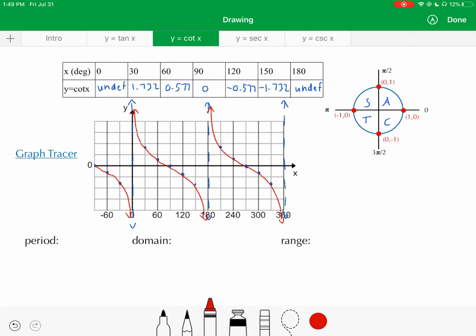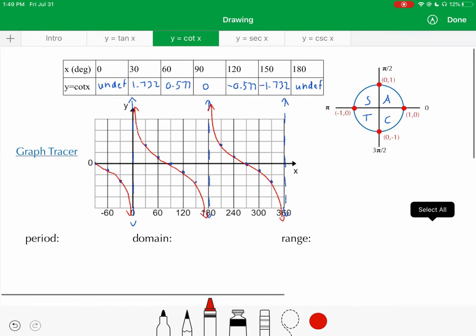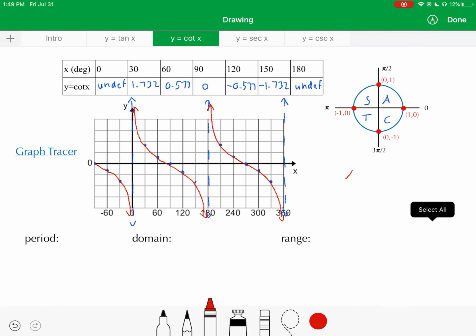Now a little more on why this curve is decreasing as compared to the tangent increasing. The cotangent function is defined as x values over y values. As you move around the circle and increase the value of your angle, your x values are getting smaller and your y values are getting bigger.